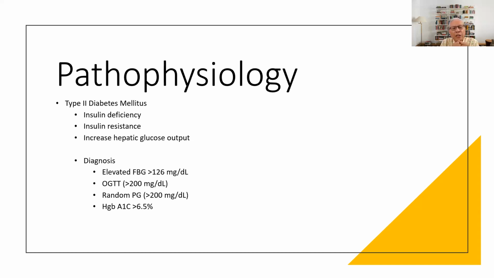So how do we establish the diagnosis of diabetes? These are the things that are important. An elevated blood glucose in and of itself is not going to be diagnostic of diabetes. However, a fasting glucose of greater than 126 milligrams per deciliter is going to be a significant finding.